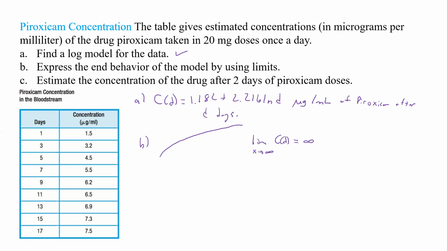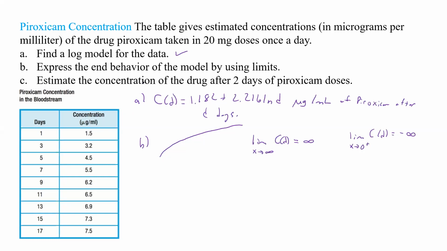Okay. Well, we can also think about, well, what if we go the other direction? Because we do have going the opposite direction. We can say the limit as x approaches 0 from the right for C of D is going to be equal to, well, now remember, it's going to go down, down, down. So it's going to go to negative infinity. So that's the end behavior for both sides of our graph, or the model.